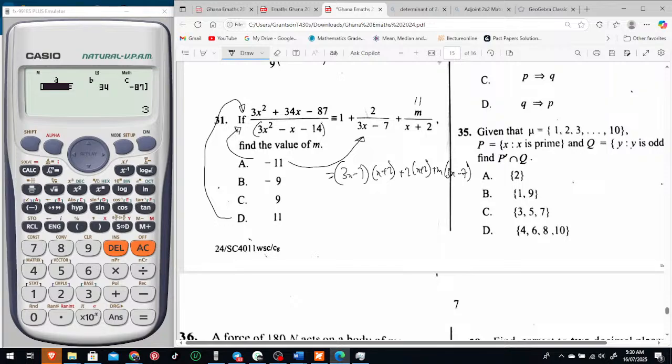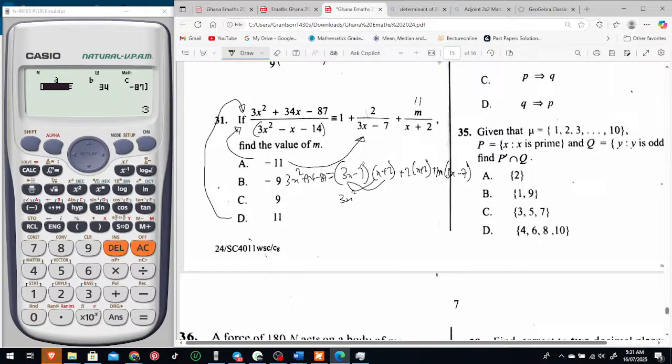Okay. Then what else? Now that for both sides the denominator is the same, we now equate only the numerators. Then we solve with the numerators. So you have to expand these things, right? Expansion: this one is 3x squared.